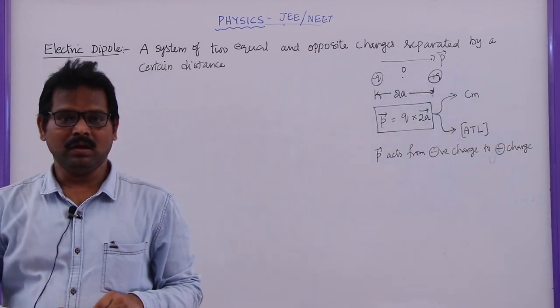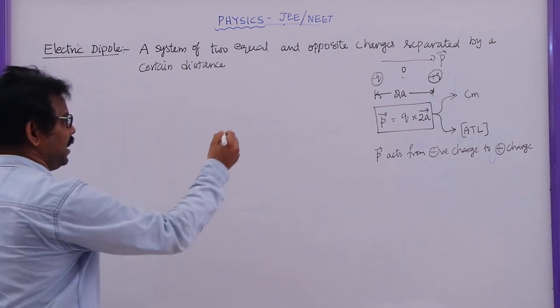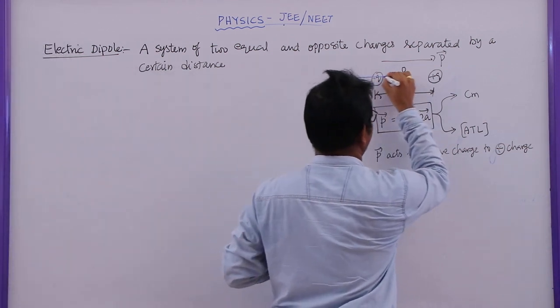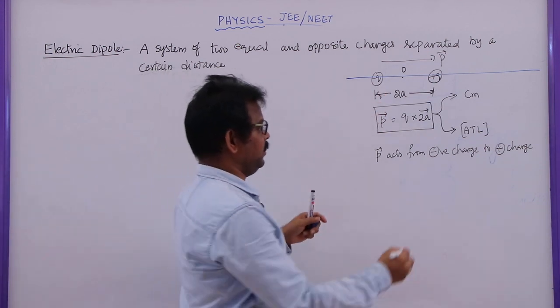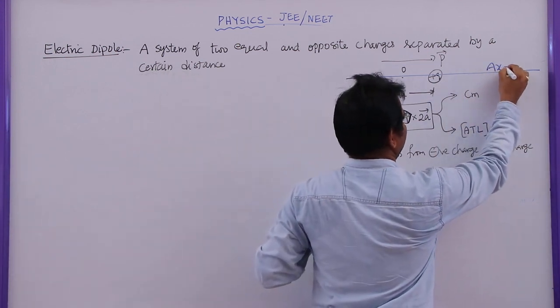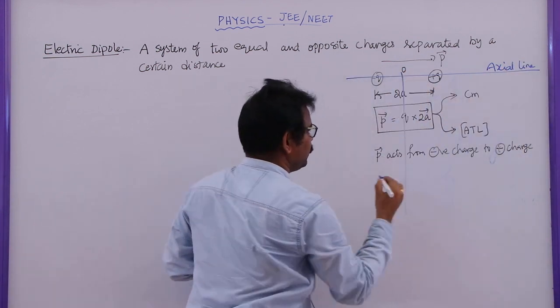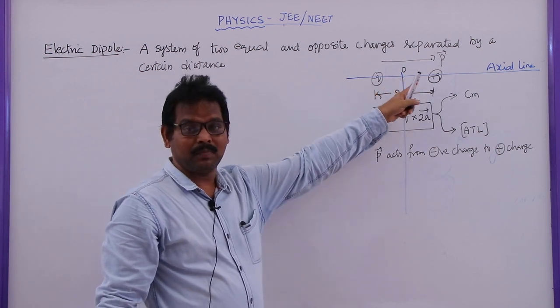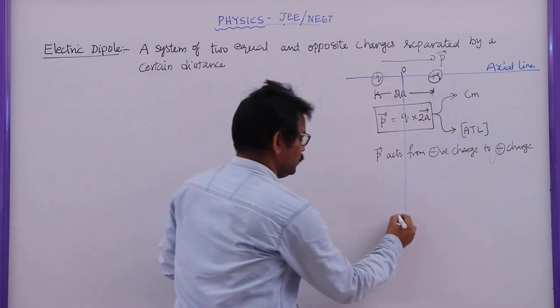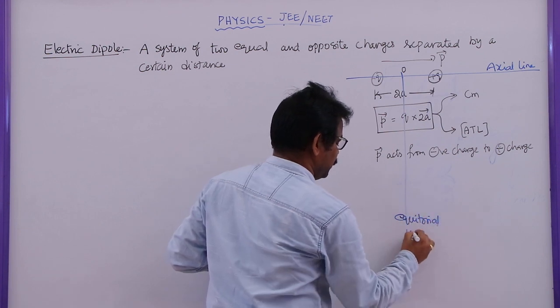If you take a dipole, the line passing through the negative and positive charges is called the axial line. This is the axis or axial line of the dipole. The line passing through the center of the dipole and perpendicular to the axial line is called the equatorial line of the dipole.